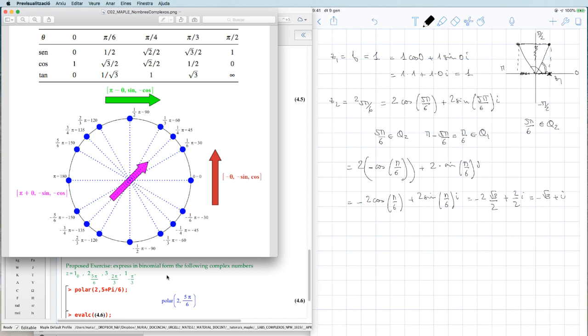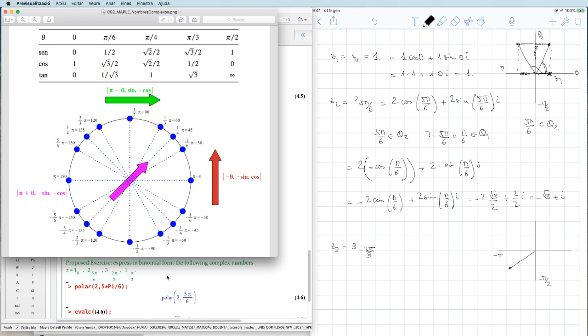So let's move to the third one. Now I have Z3, which is going to be 3 with angle minus 2 pi over 3. So again, and this is important, always make a plot. This is minus pi, this is minus pi over 2, and here we have minus 2 pi over 3. So now we have an angle which belongs to the third quadrant.